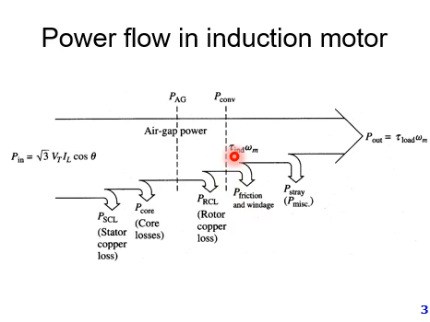After that, the mechanical aspects are considered: P loss because of friction and windage, and P stray, which is miscellaneous power loss. So tau load times omega m is the final P out in an induction motor.